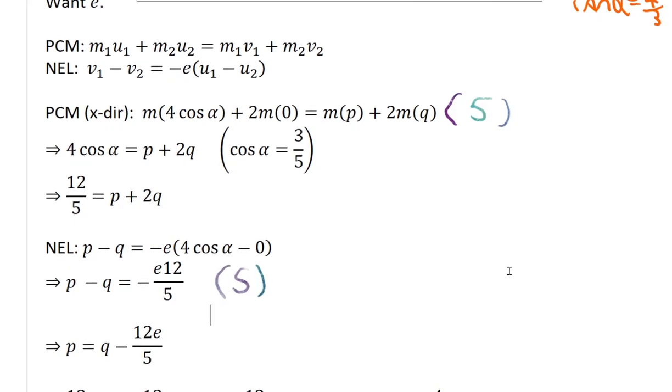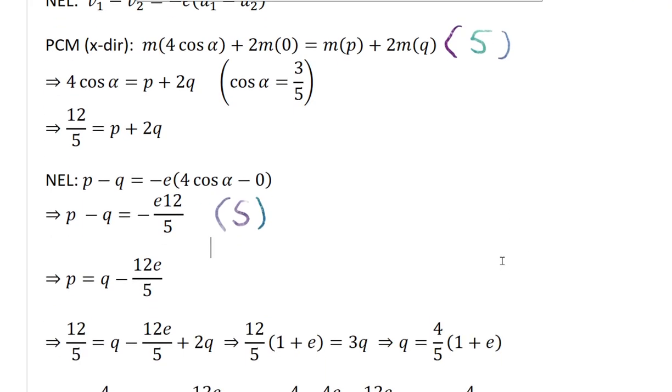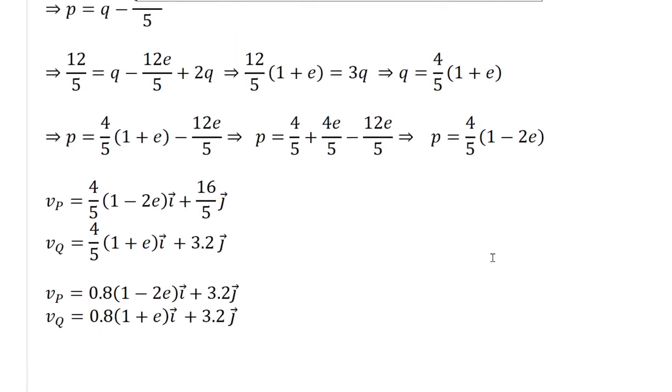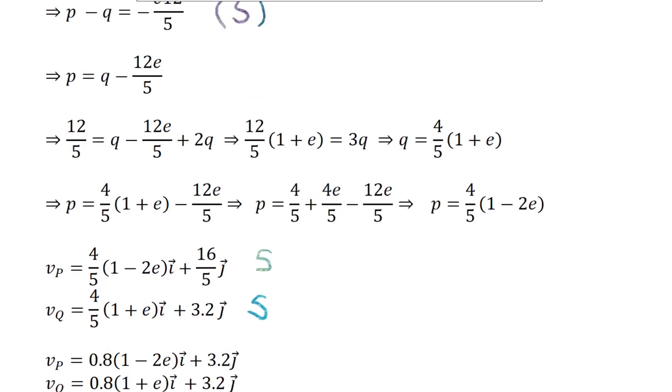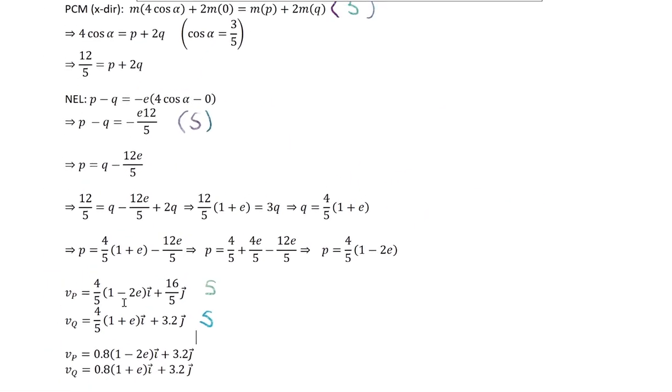Not actually even working them out, just writing them out. And then you got 5 marks for getting that right, and 5 marks for getting that right. So this is 5, 10, 15, 20, 30 marks for this.